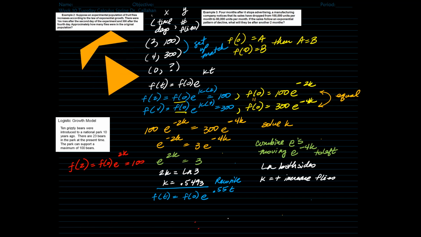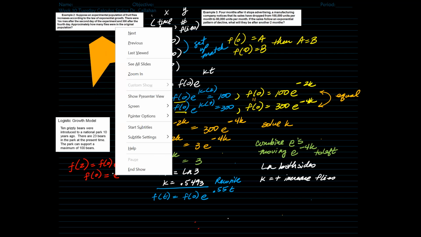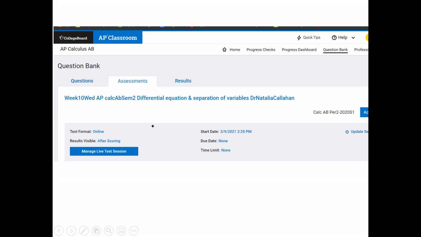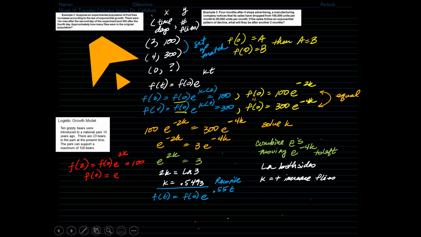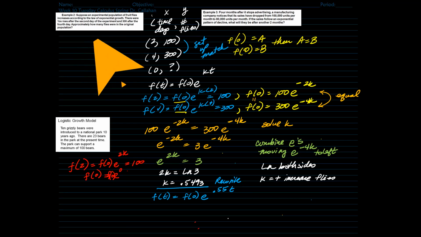So then if I go ahead and do f of 0, then I will have f of 0 e to the 0, which is 1, equals 100.